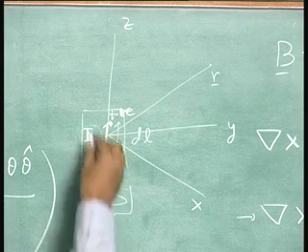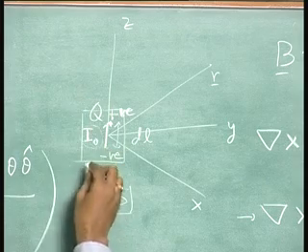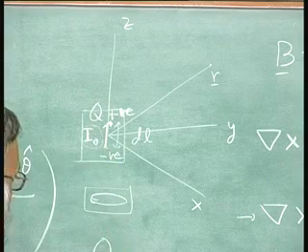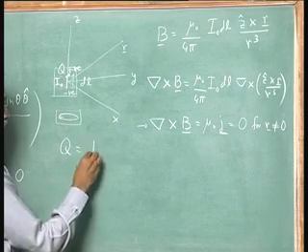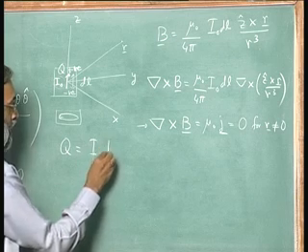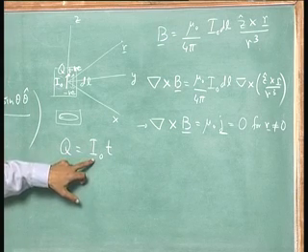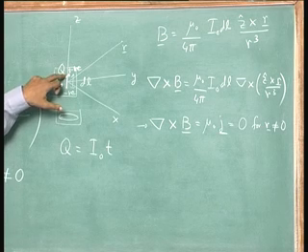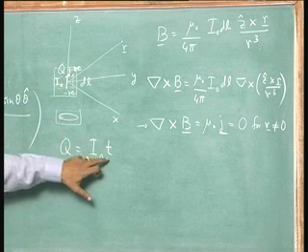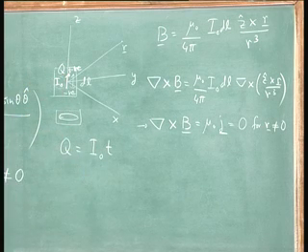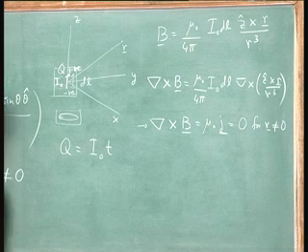How much positive charge? If I call this Q, Q is equal to I naught times T, because I naught coulombs per second are flowing into this point. So, the charge must be I naught times T, assuming that the charge is 0 at t equals 0.